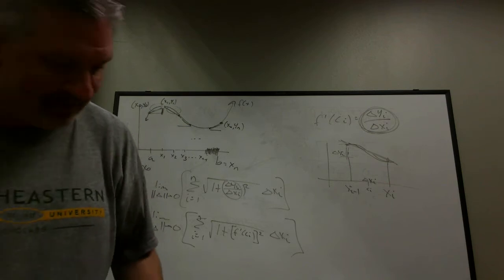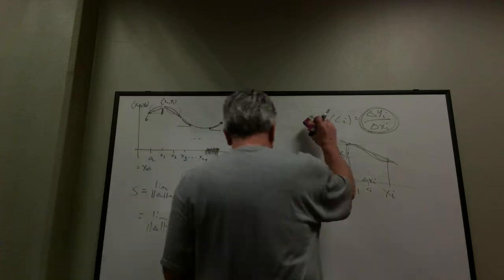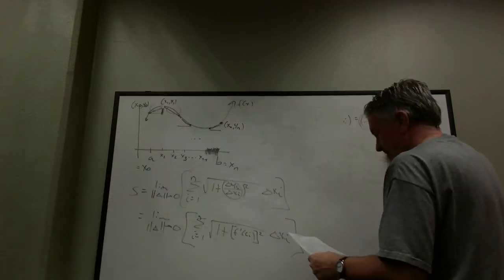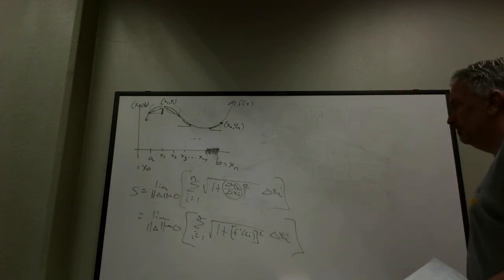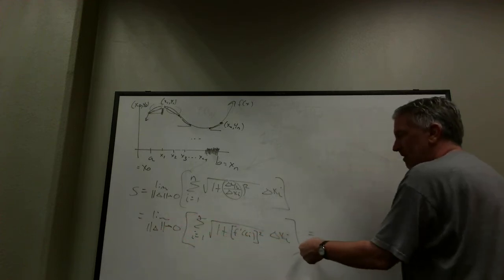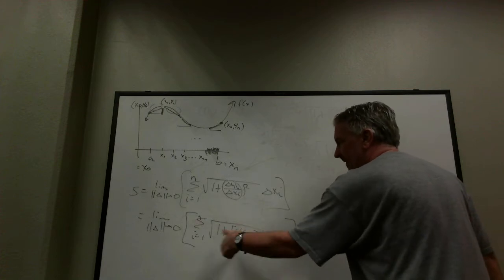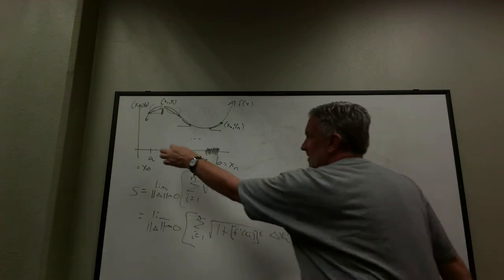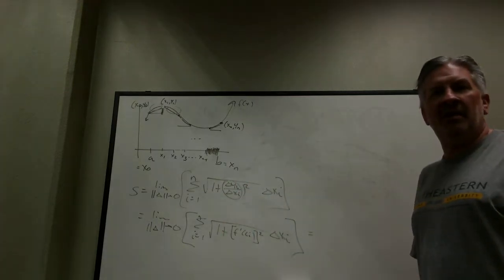Okay, lastly, so we're basically done here. There's one more thing to write. I'll just add it on here. Well, let's just cut to the chase. We have the limit of a Riemann sum. I have my delta xi, and I have a function here where I'm plugging in a ci, right? A c1, a c2, a c3, a c4. And what is the limit of a Riemann sum?